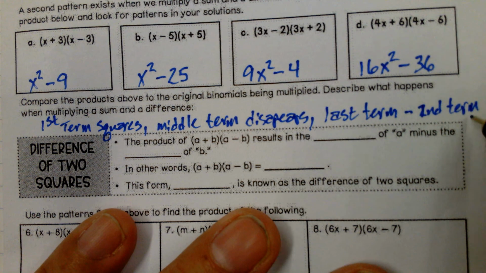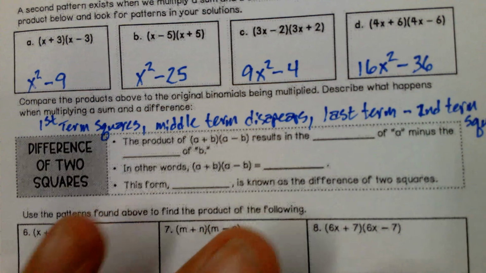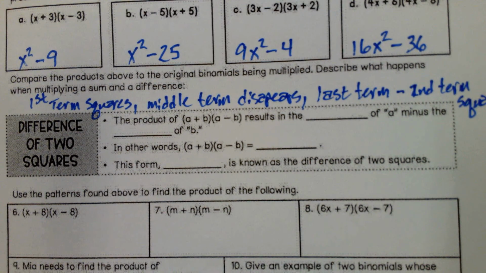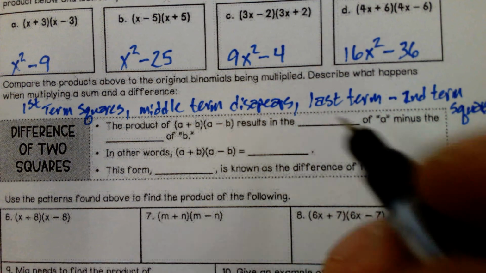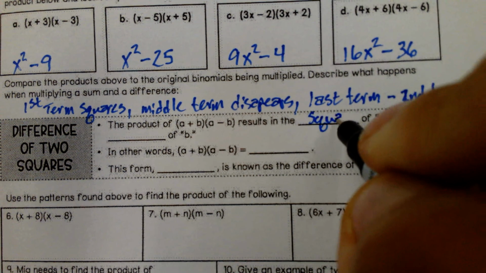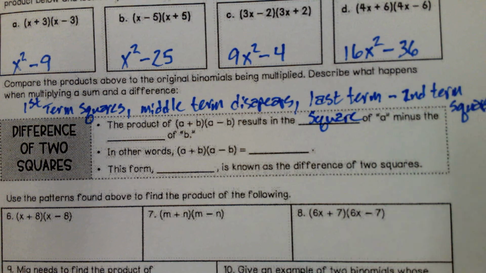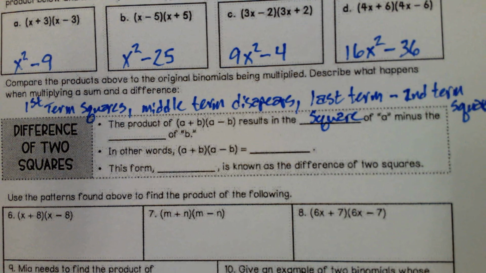So basically, the product of a plus b times a minus b results in the square of a minus the square of b.